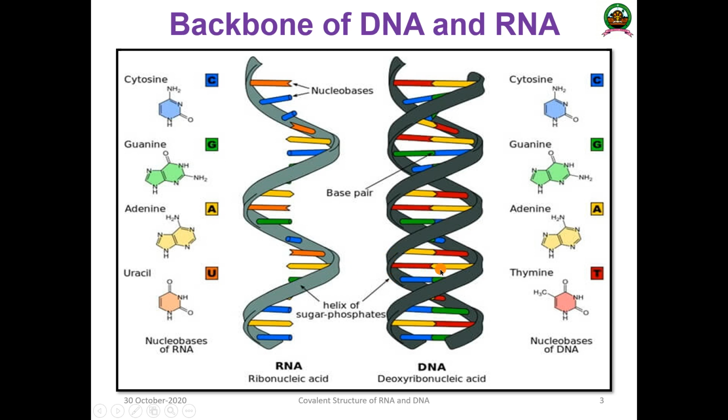The third one is that the double strand is stabilized by the pairing of different nitrogenous bases, such as purines and pyrimidines, via hydrogen bonding.